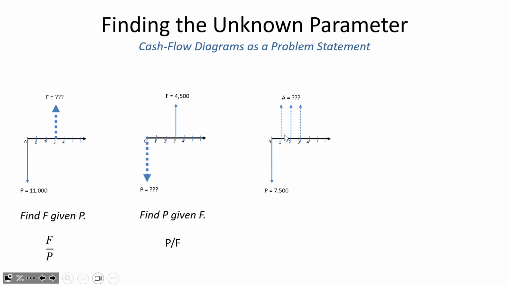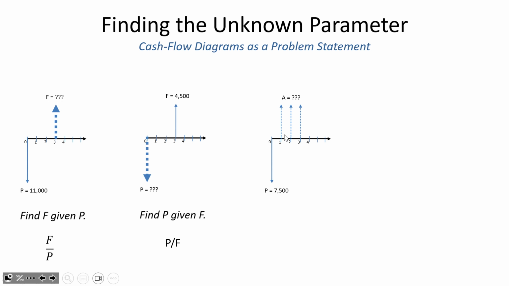This is like the classical representation of an annual series, is that it is 1 year, it begins 1 year after the present. So if we had something like this, what we'd have to do is we'd have to find out what's the equivalent of this annual series in year 1, and then we would move it from year 1 to year 0.